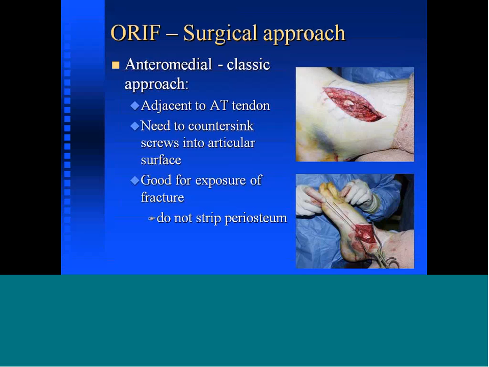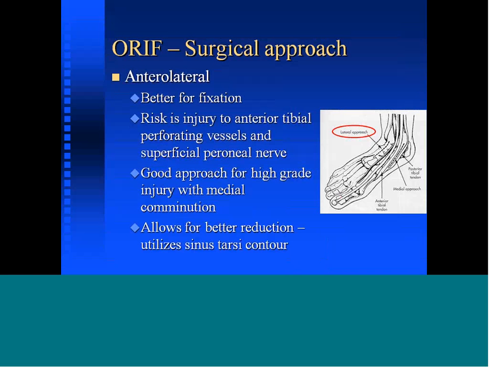That requires that you abduct the foot, subluxing the navicular out of the way of the anteromedial aspect of the talar head so that you can get good exposure to place those wires and subsequently to insert your screws. It's also important that as you do this approach that you don't excessively strip the periosteum around the talus. You're trying to preserve that blood supply as much as possible, particularly those perforating branches that are supplied by the anterior tibial artery along the dorsum of the talus itself.